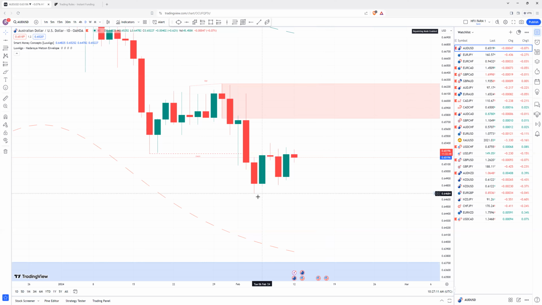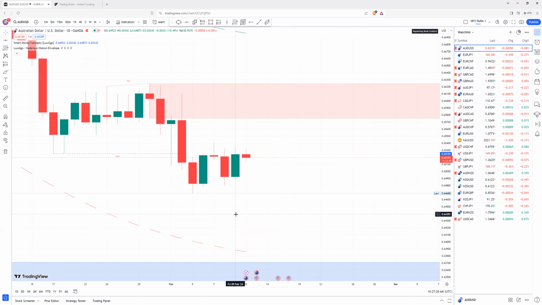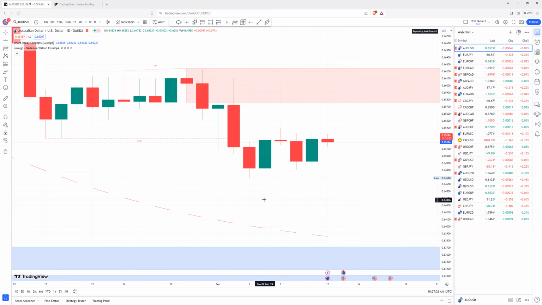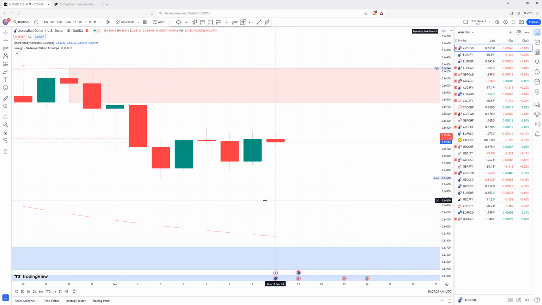In this case, I've been able to make a little bit of an upgrade on how I look for my support and resistance levels. So this is how it has gotten to this stage, whereby you have your Nadaraya on, and you have your smart money concept on.